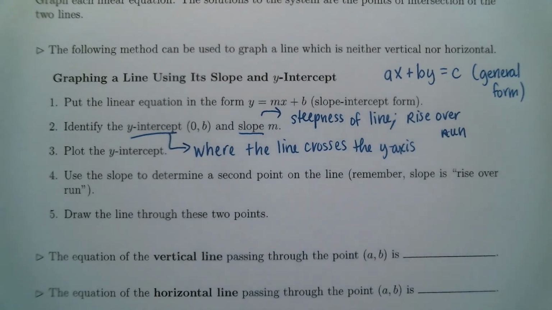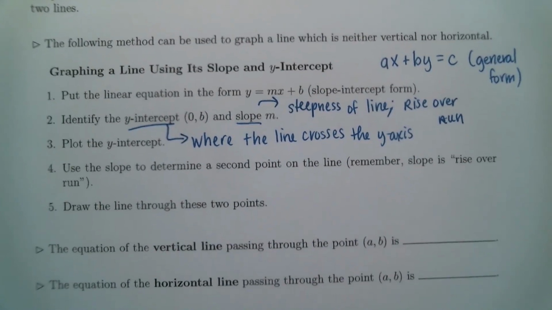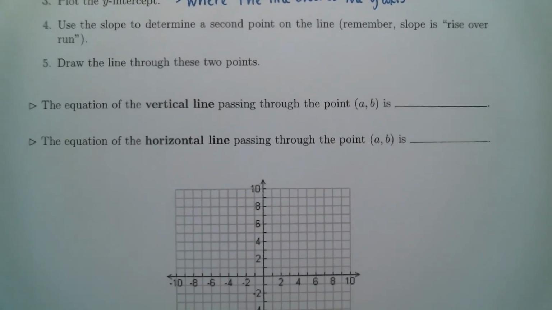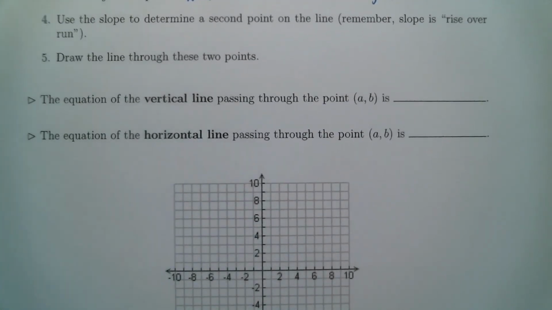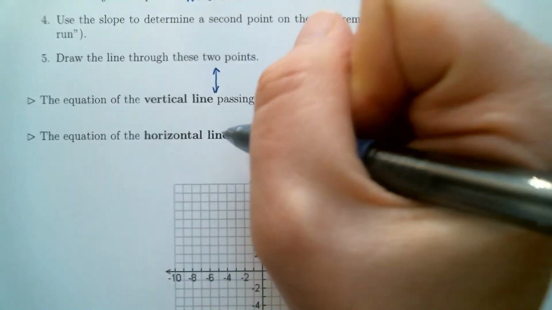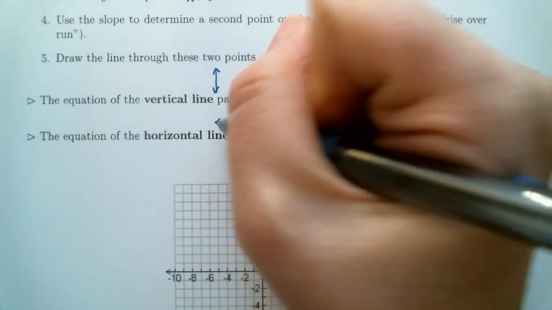Like I said, we will get practice with it, but I'm just trying to refresh your memory on the method. Really quickly before we start, I want to talk about how you recognize the equation of a vertical line and the equation of a horizontal line. Remember, vertical lines are up and down, horizontal lines are left to right.